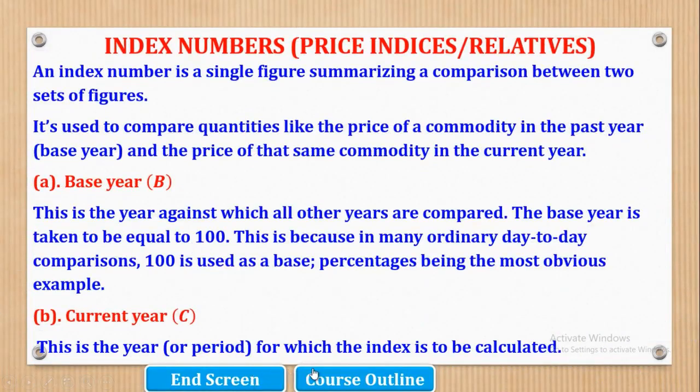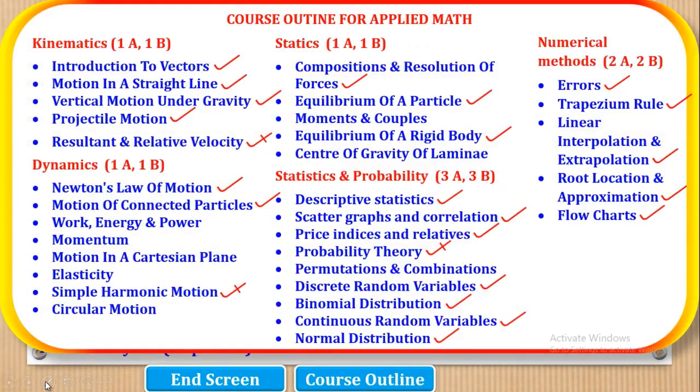Before we start, let's first look at the course outline and the progress so far on this platform. Math paper 2 is divided into 3 parts. The first part is mechanics, which is further divided into 3 parts. The first part of mechanics is kinematics, where one comes in section A and one in section B, and these are the topics.